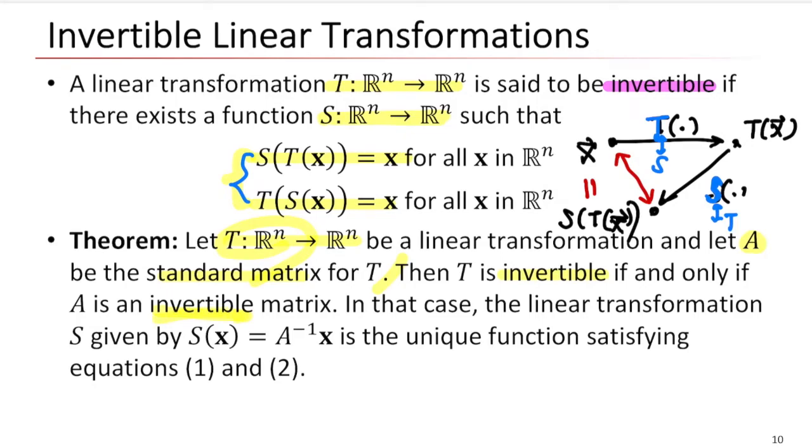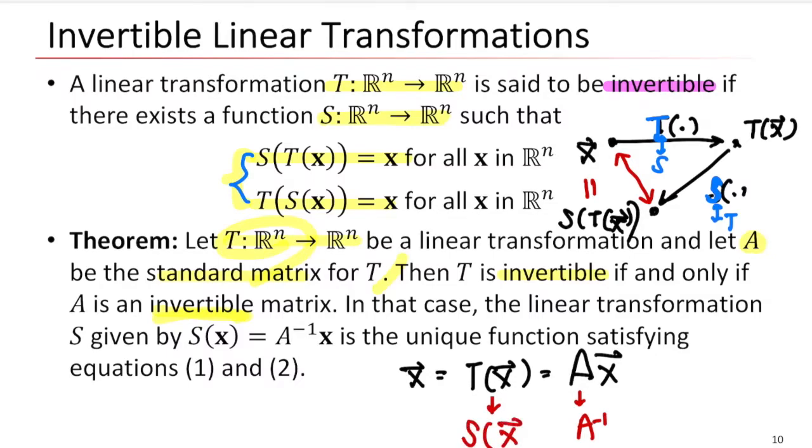This is very intuitive, because the transformation T is just the transformation by A. So if there exists the inverse matrix of A, then there is another transformation, the inverse transformation. So these are related to each other.